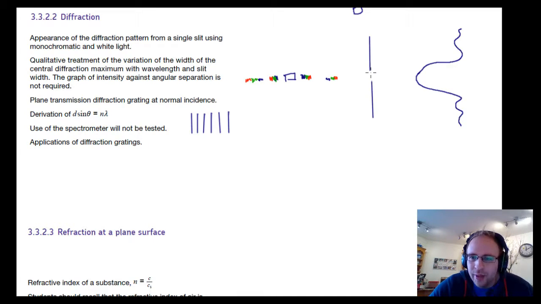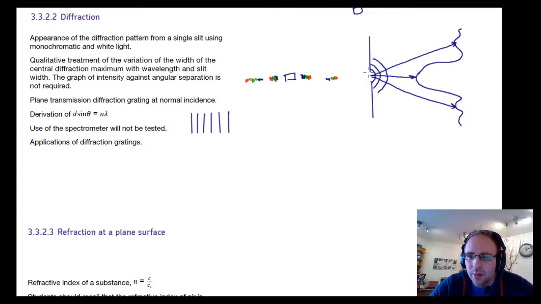So every single point in that gap creates its own circular wavelets, and what we get is spreading out like this. But the waves from the top can interfere with the waves from the bottom, so we get bright spots in the middle, over here, and over here.